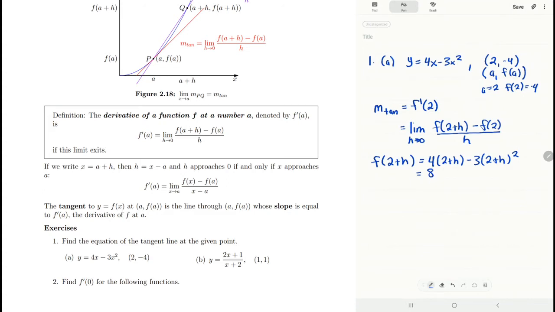If we distribute through the brackets, we get 8 plus 4h minus 3, and we need to FOIL these brackets. So we have 8 plus 4h minus 3 times (4 plus 4h plus h squared).